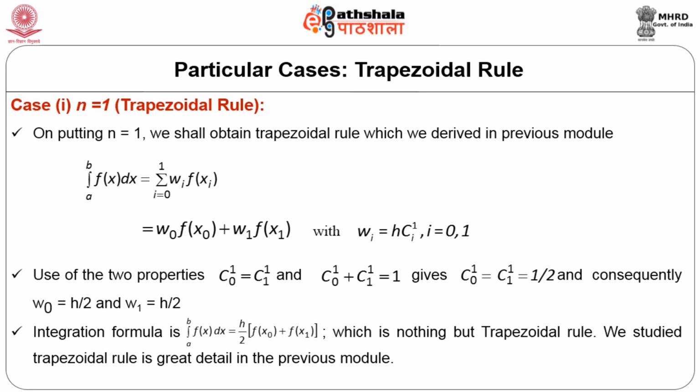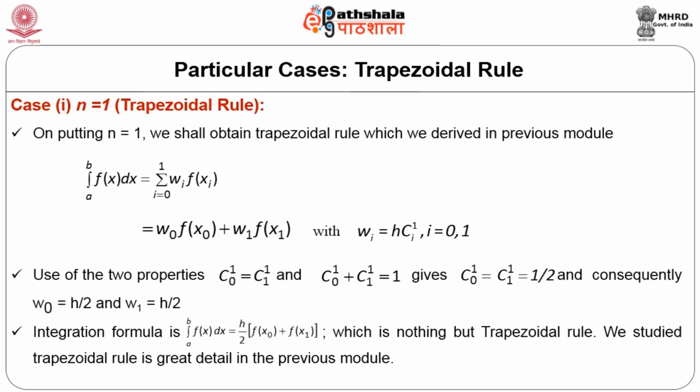Now before we proceed further, let us verify for the case n equal to 1, which we have already studied. If I put n equal to 1, our integration formula becomes integral a to b f(x) dx is to be approximated by w0 f(x0) plus w1 f(x1), where w0 is nh NC0 and w1 is nh NC1, where n is 1. So w0 becomes h into 1C0 and w1 becomes h into 1C1. We need not derive 1C0 and 1C1 from the integration expression.